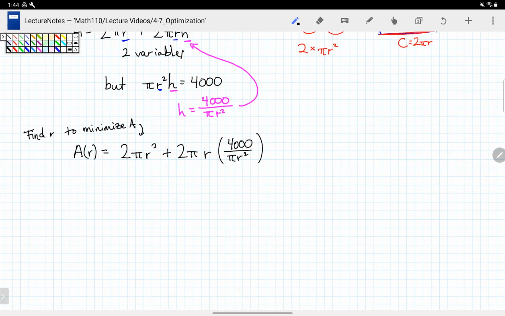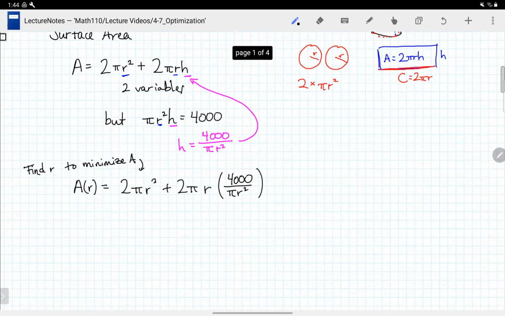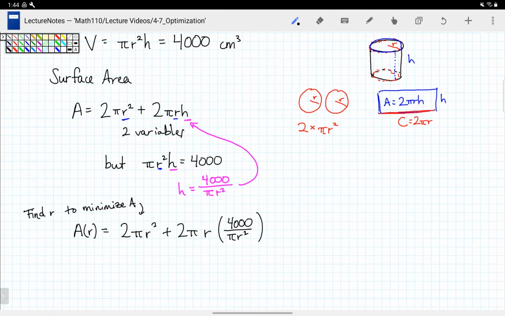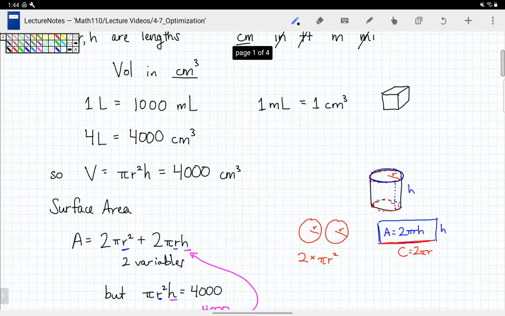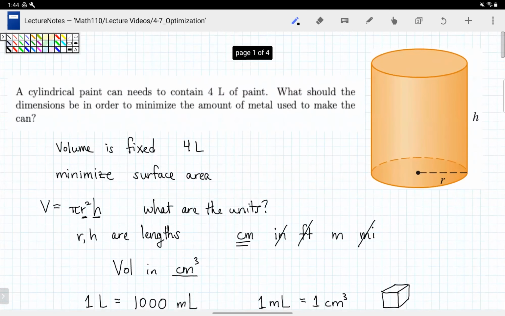All right. Now, I want you to recognize that a lot of the mental work that goes into this problem is just in setting it up and figuring out how these statements of this physical problem can be translated into math.